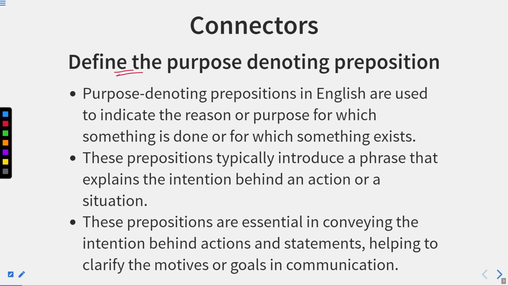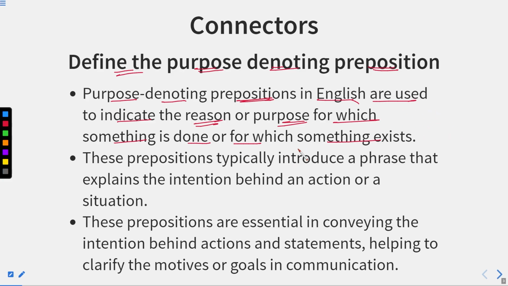First of all, we'll define the purpose denoting preposition. Okay. Purpose denoting prepositions in English are used to indicate the reason or purpose for which something is done or for which something exists. Okay. It means something has been done for what? For what purpose, or which purpose is it serving?